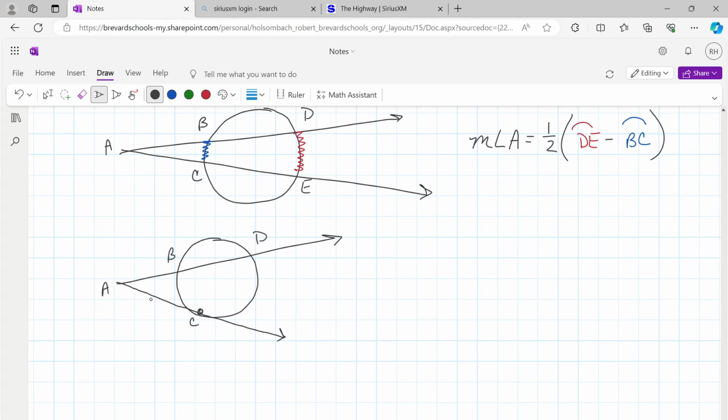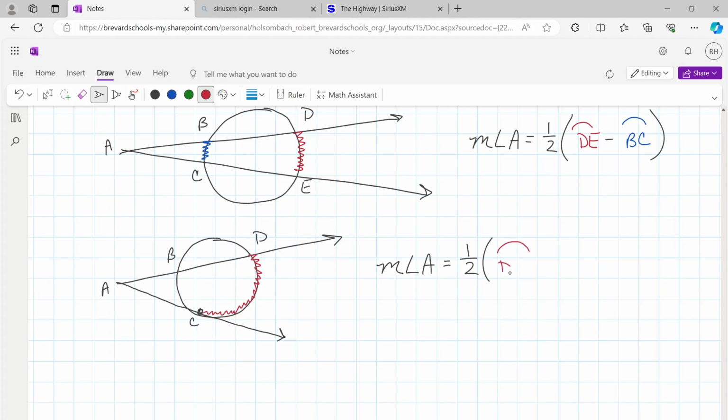The rule is the same, meaning the measure of angle A is equal to 1/2 the measure of arc DC. Here's the big arc.